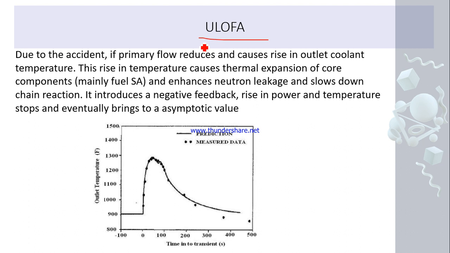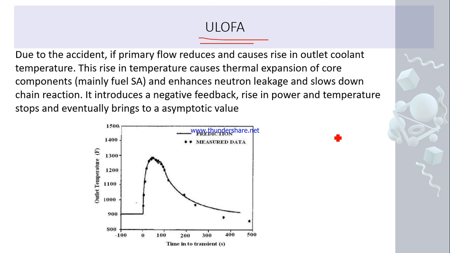So what is this ULOFA? Due to accident or perturbation, if the primary flow reduces, because Q is dependent on the mass flow, your temperature gradient is determined by the mass flow rate. So if the primary flow reduces, definitely it will cause a rise in the outlet coolant temperature.